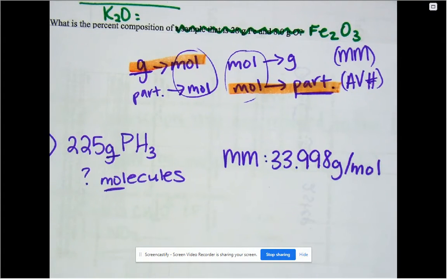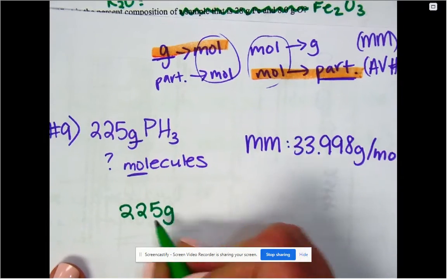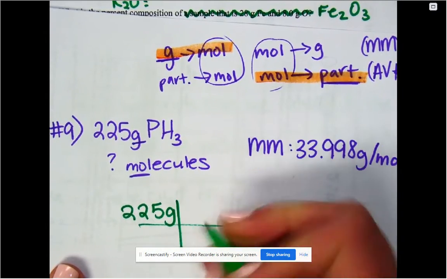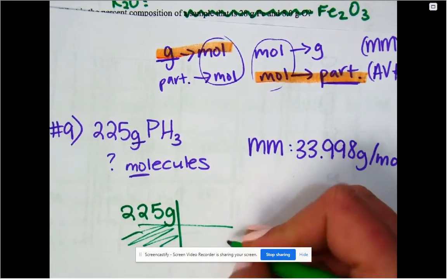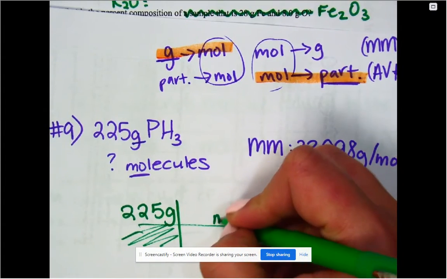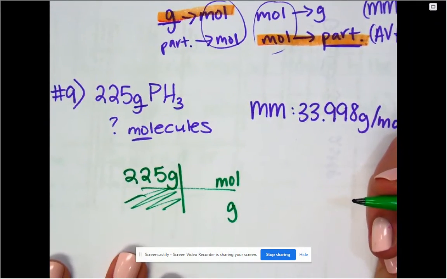All right, so when we go to start typing this in, we have 225 grams of PH3. So just like what we've been practicing, we're going to bring words down to the right. We're going to convert into moles. So we have moles on top, okay?